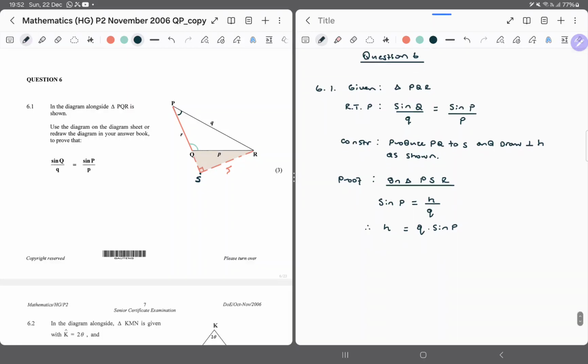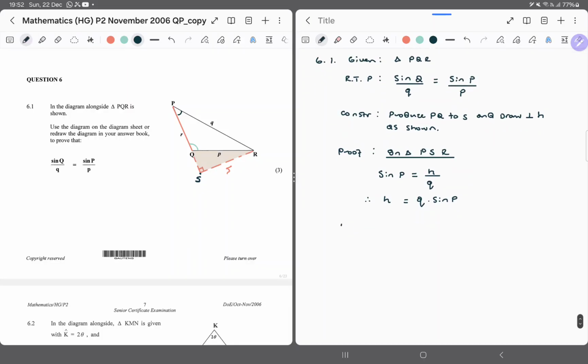We leave that alone. We can say also, likewise, in triangle QSR.